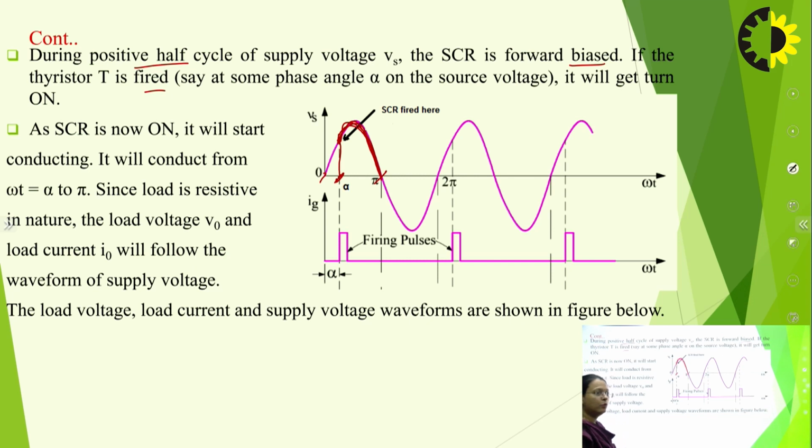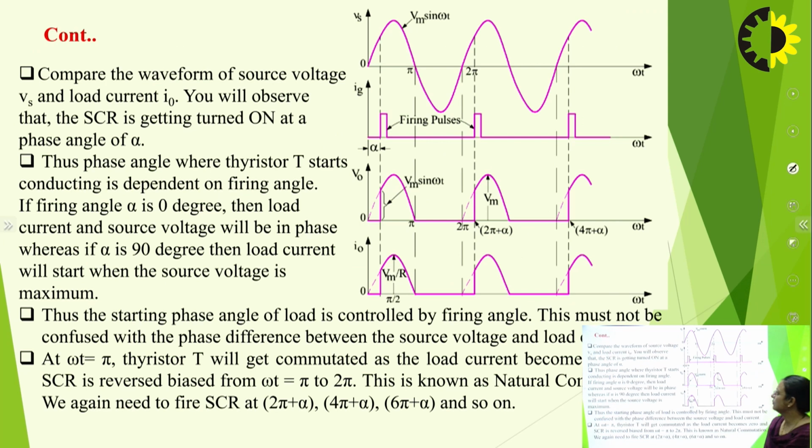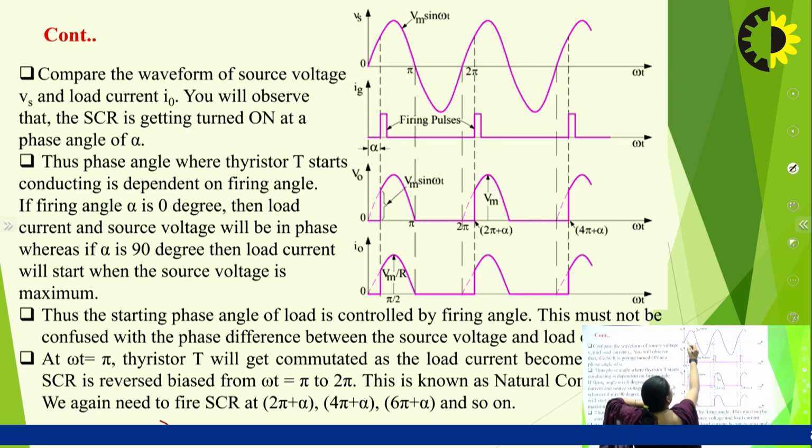Since the load is resistive in nature, the load voltage and load current will follow the supply voltage. In the waveforms, for the positive half cycle of the supply, when the thyristor is forward biased, it at once follows the positive supply.